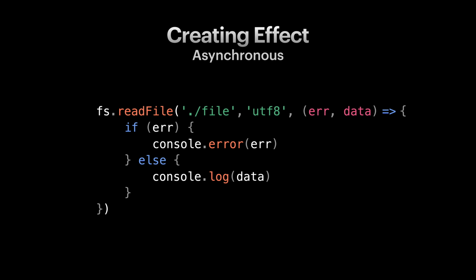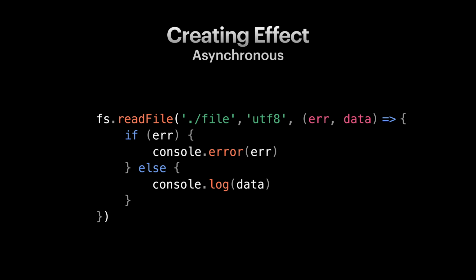Calling readFile doesn't return anything. The continuation of the readFile computation in the application flows through the callback function. What we want to do is to wrap this computation and capture the data and error in an Effect value. One possible way is to wrap this code in a promise and use Effect.tryPromise to create our Effect value. But the Effect library has provided us with an easier tool for this.